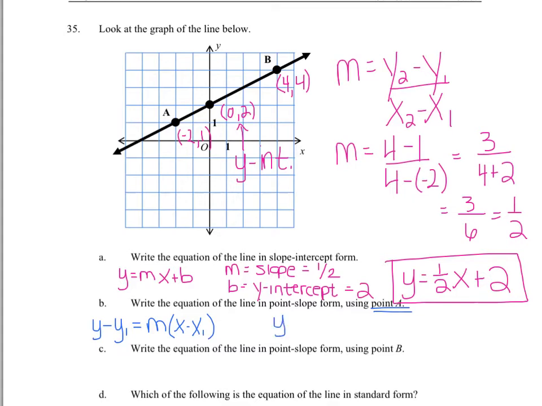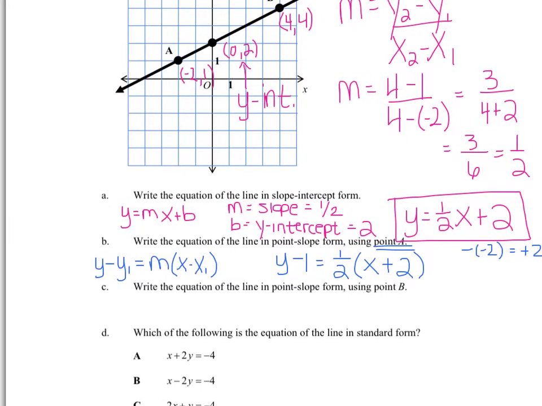So this is going to be y minus, now my A is -2, 1, so y minus 1 equals m, which we've already figured out is 1/2, parentheses, x minus x1, which is -2. Now, what is minus -2? That's actually positive 2. So I'm going to change this to x plus 2, and there's the equation of my line in point-slope form, using point A.